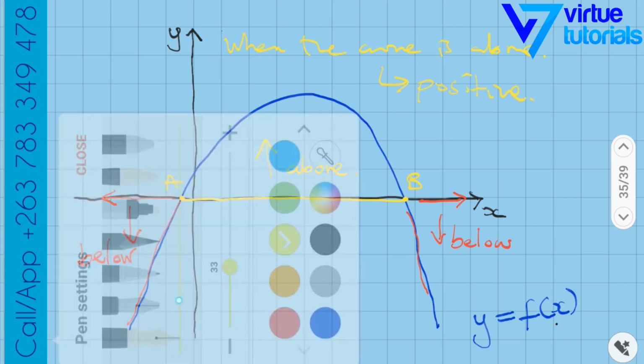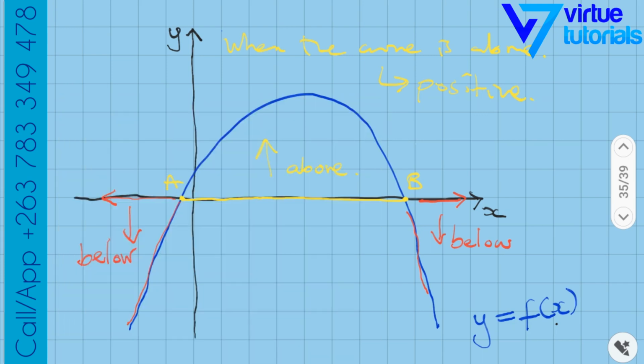When the curve is below, the function is negative, right? So between A and B, the function is positive. Beyond B and before A, the function is negative, right?